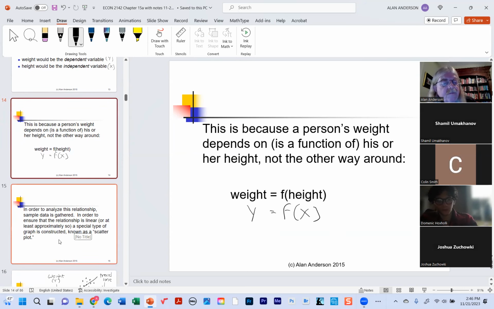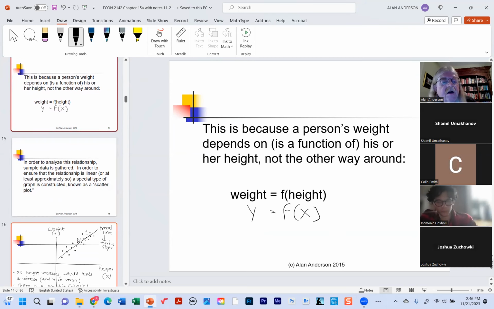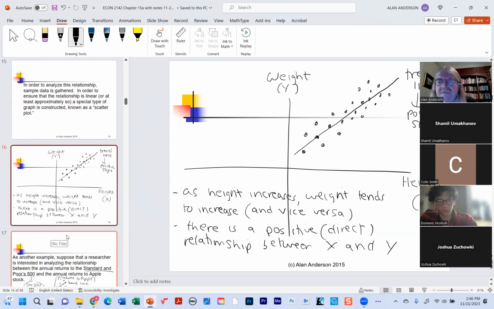So if we want to run a regression on this data, we first do a scatter plot and ask, is this relationship linear? Now, of course, I don't know if it is or it isn't. I made this up, but if this graph does describe heights and weights, then we can conclude that the relationship is linear and it's also positive, which of course makes perfect sense. Obviously, on average, taller people are heavier than shorter people.